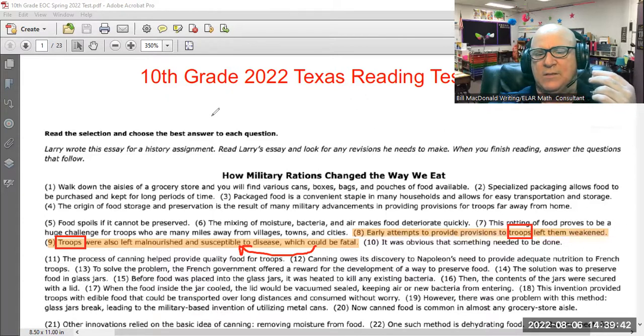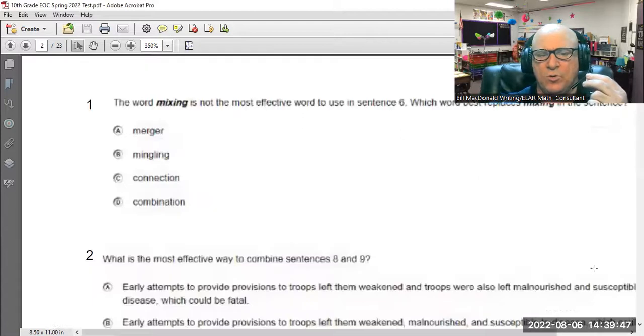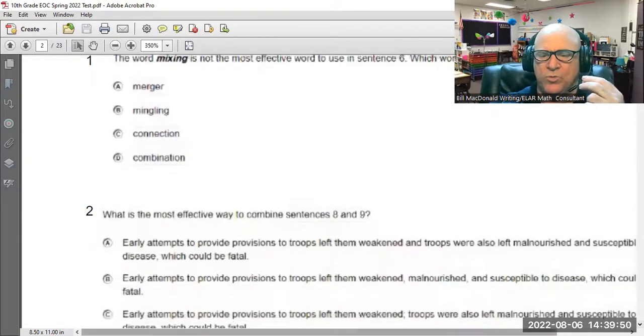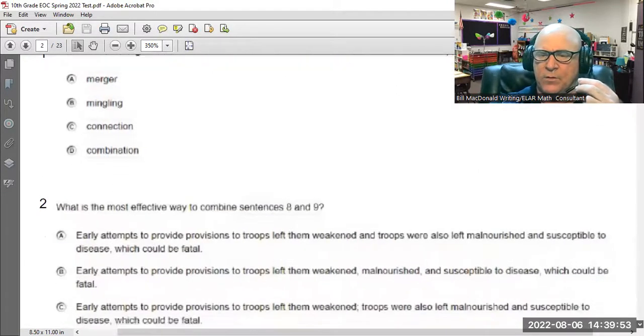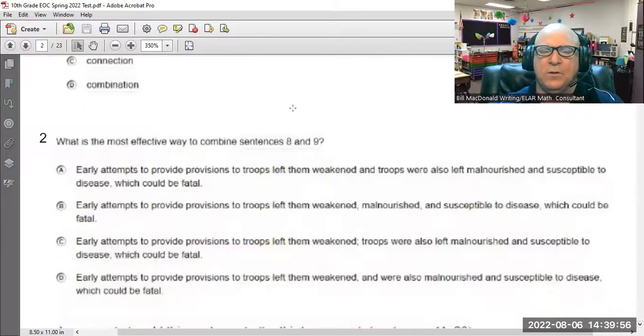So let's see, based on page 2, question 2, which one combines them the best? Again, we're combining sentences 8 and 9.